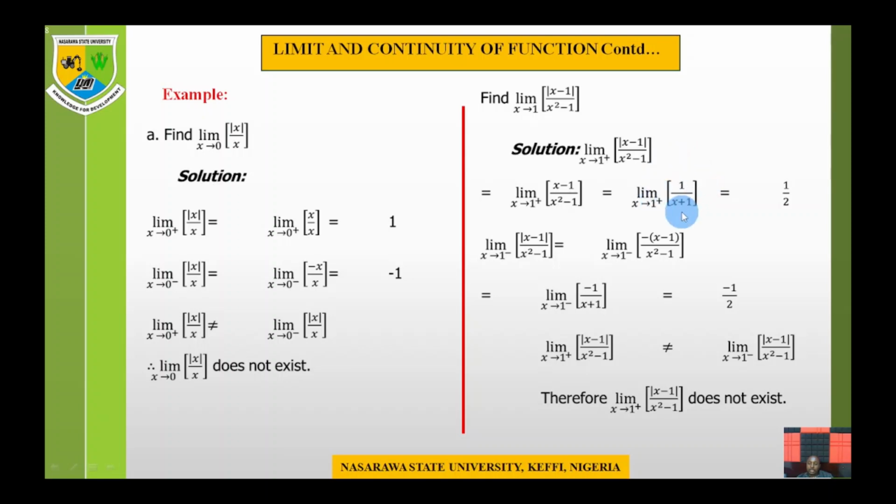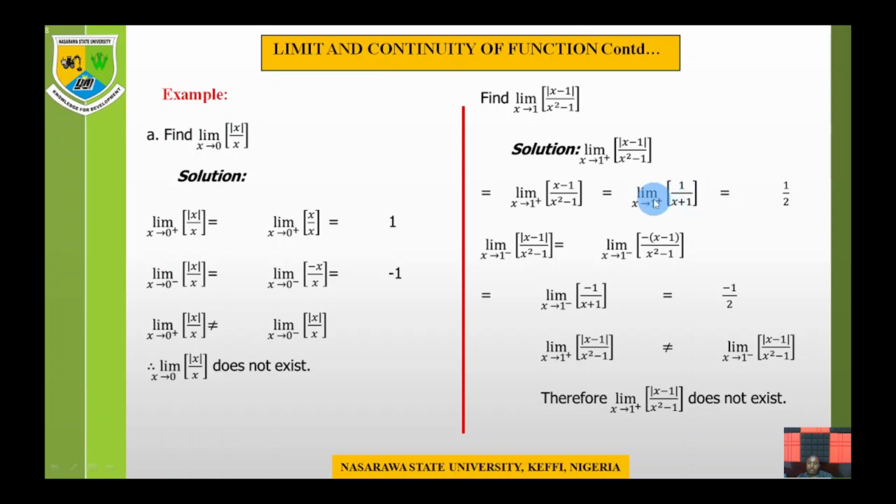For you to get this, you have to factorize the denominator. This is the difference of two squares. x squared minus 1 is the same as x squared minus 1 squared. So if you factorize it, you are going to have x plus 1 multiplying x minus 1, and the x minus 1 will cancel the x minus 1 on the numerator, and that is where you are going to have 1 all over x plus 1.